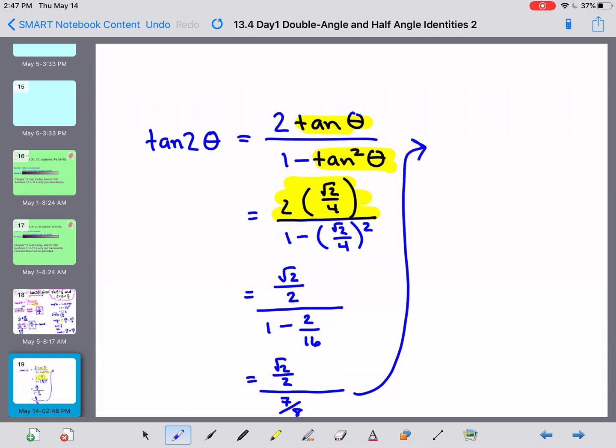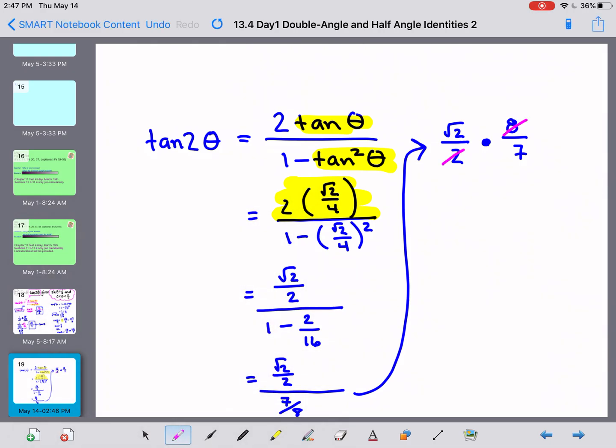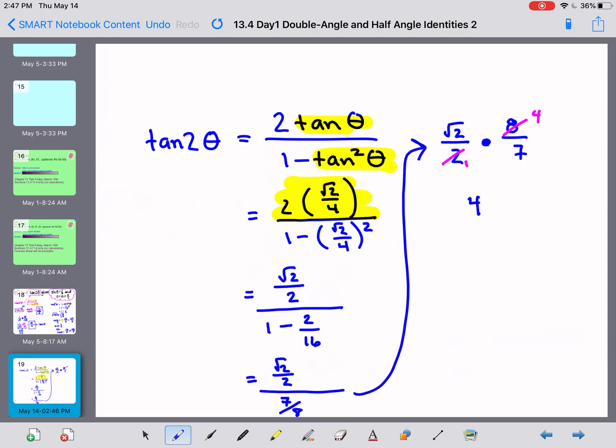I'm then going to do a keep, change, flip. So keep the root 2 over 2 the same, change that big division bar to multiplication, and flip the 7/8. If I'm doing this by hand, I would then simplify. So this is like a 1 and a 4. So when you multiply this, you get 4 root 2 over 7, which is the final answer.